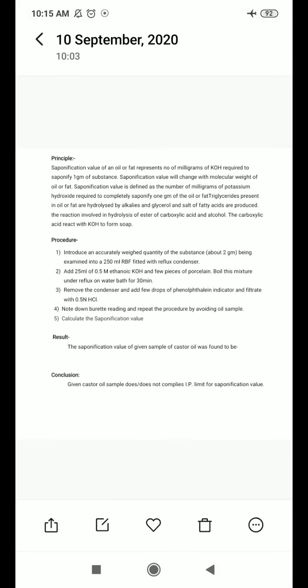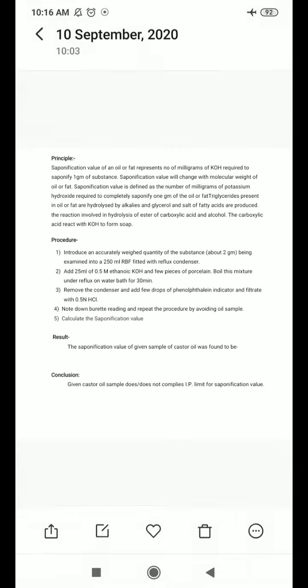Then you have to titrate with 0.5 normal HCl. Okay, then note down the burette reading and repeat the procedure omitting the oil sample. Calculate the saponification value. You have to determine the end point, where the color changes from pink to colorless.